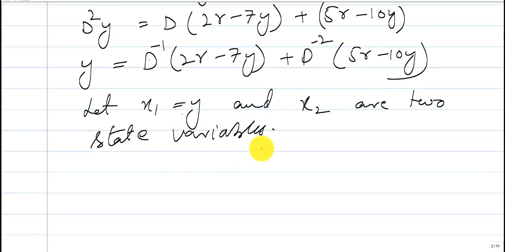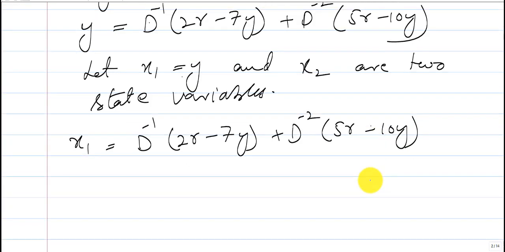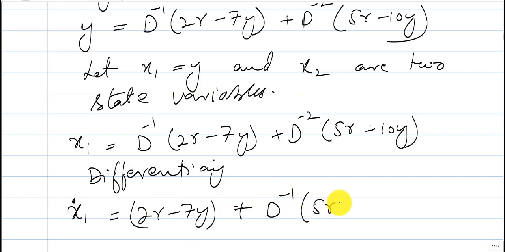So x1 equals D⁻¹(2r − 7y) plus D⁻²(5r − 10y). Now differentiating this equation, we get x1 dot equal to 2r minus 7y, because the anti-derivative cancels with the derivative, plus D⁻¹(5r − 10y).